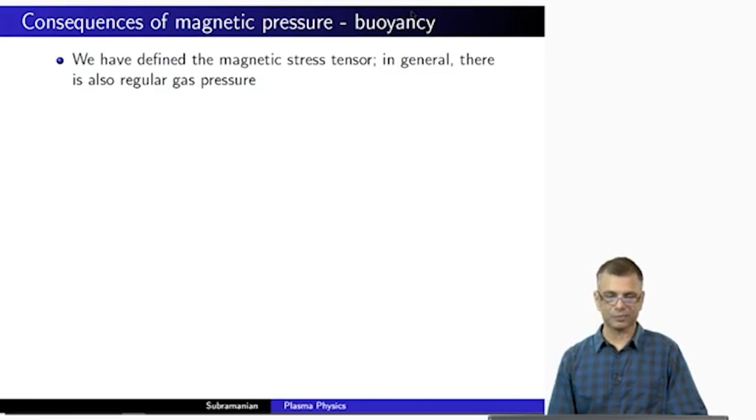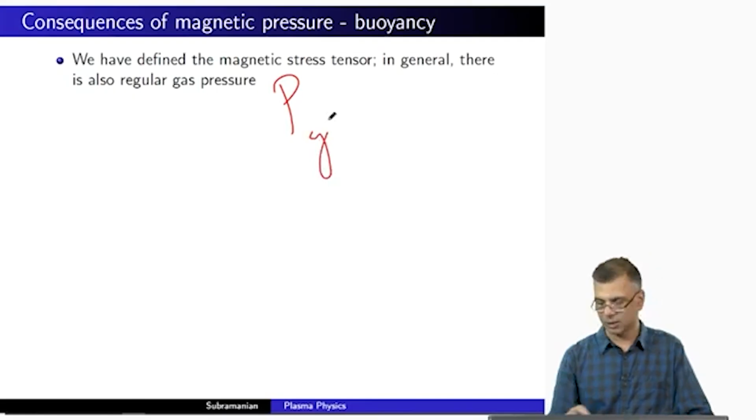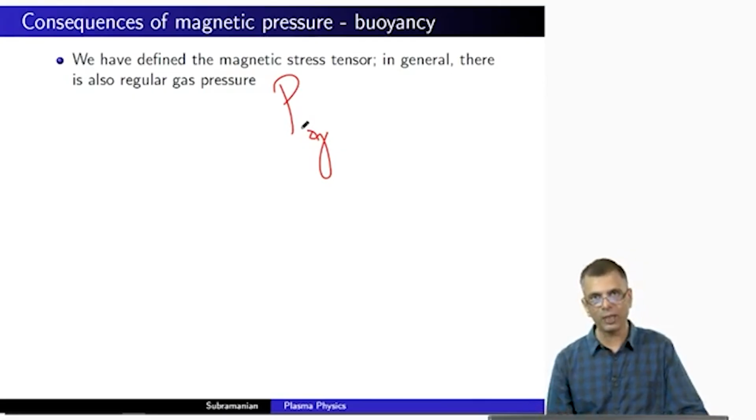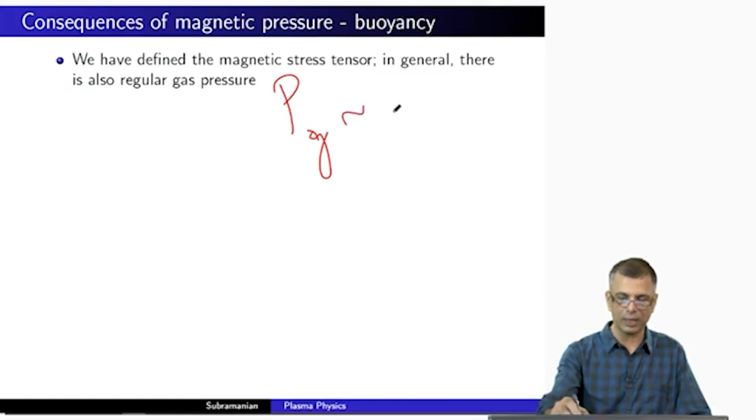It's like this. We have defined the magnetic stress tensor. In general, there is also regular gas pressure, isn't it? There is also regular gas pressure P gas, right? So, in addition to magnetic pressure 1 over 8 pi B squared, there is also regular gas pressure, which is something like NKT.